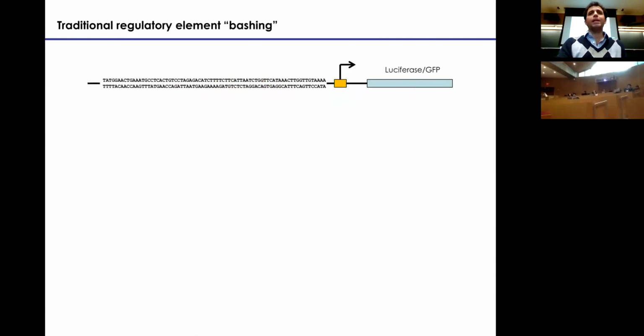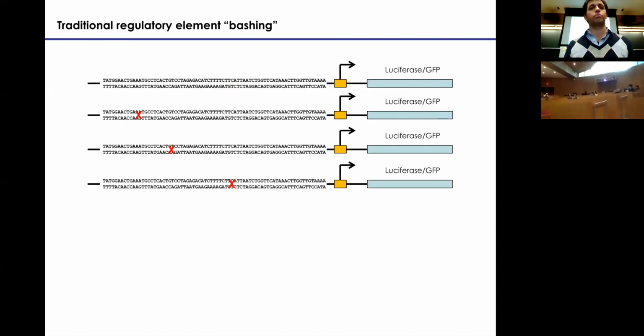So basically what we're doing is simply testing, if I take this element from its endogenous locus and put it somewhere very precise in the genome where I have a reporter gene, or if I put it in a non-chromosomal element, such as a plasmid, can this region of DNA drive the expression of that reporter? The yellow is some kind of promoter, and then here you're putting upstream of that common minimal promoter some kind of enhancer element that will dictate whether the promoter will be activated or not. Any other questions? So that's the typical approach.